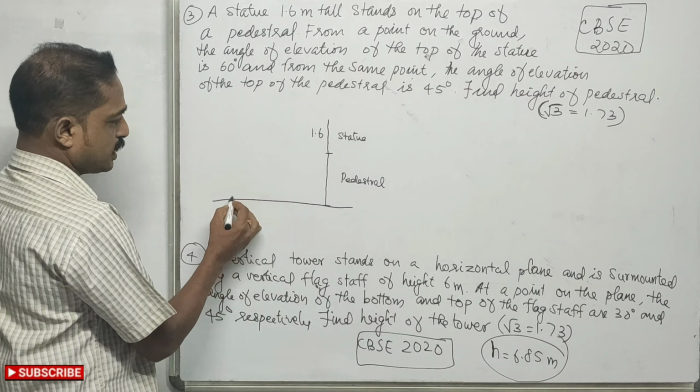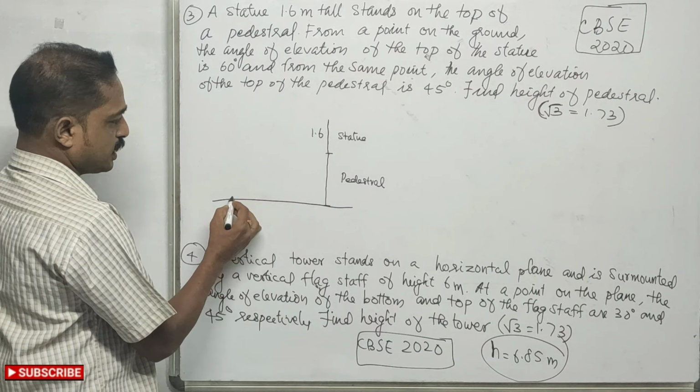This angle is 90 degree. So you will have to consider these two right triangles. The side AB is common to both the triangles, so let us assume that the distance AB is equal to x. First let us consider the triangle ABC.